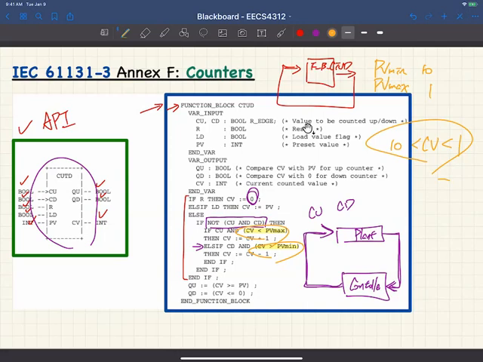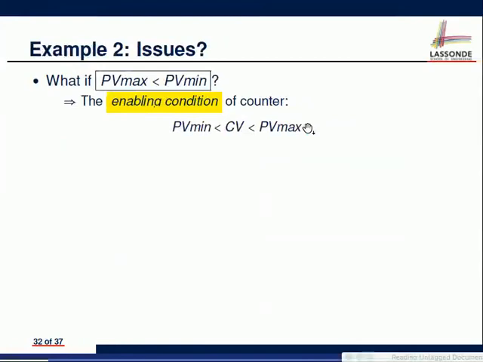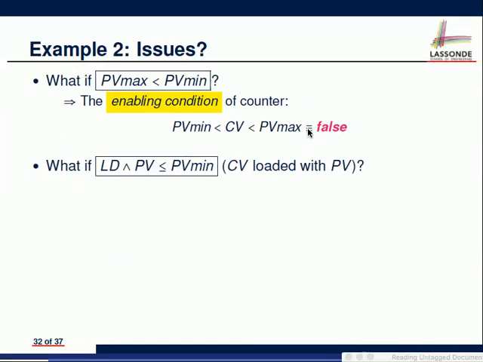They will never be enabled, which means that's equivalent to false. So if you somehow set your PV max and PV min globally wrong, which they never constrain, by the way, that means your counter can never be used. Then what's the point? Guys, do you see my point here? So this assumption was never mentioned in the standard, never mentioned. It's the same for CU and CD. You could also just say the same.